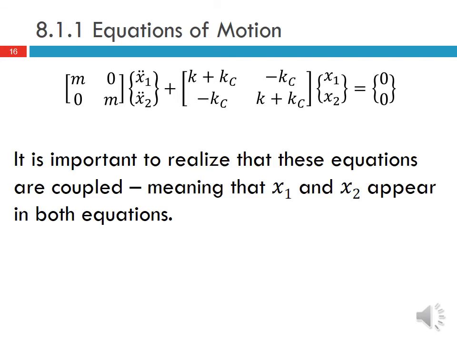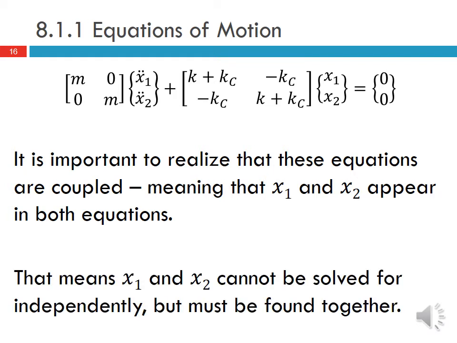It's important to realize that these equations are coupled. So x1 and x2 appear in both equations. So this means that x1 and x2 cannot be solved for independently, but must actually be found together. So we need to solve this single matrix equation, or these two individual equations, simultaneously.